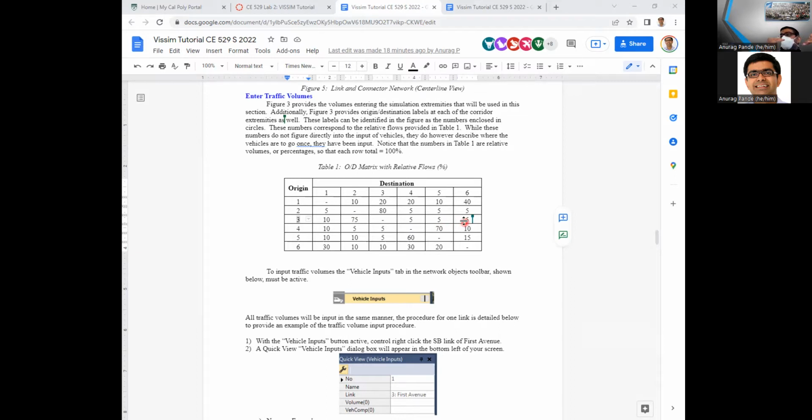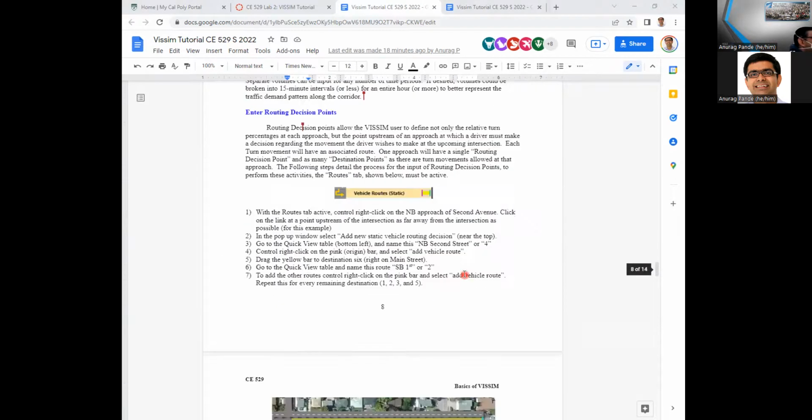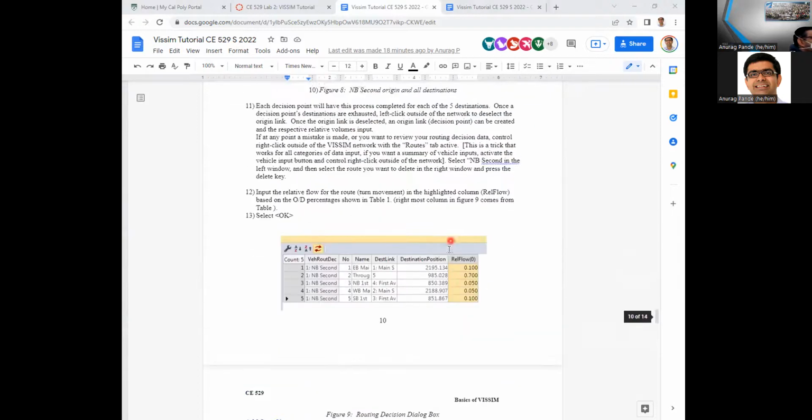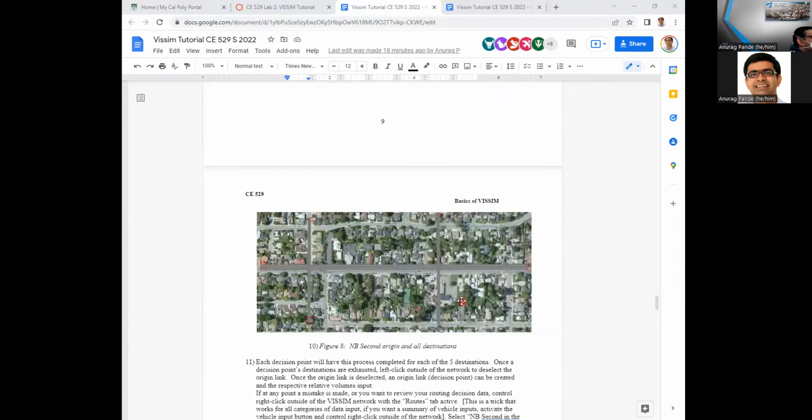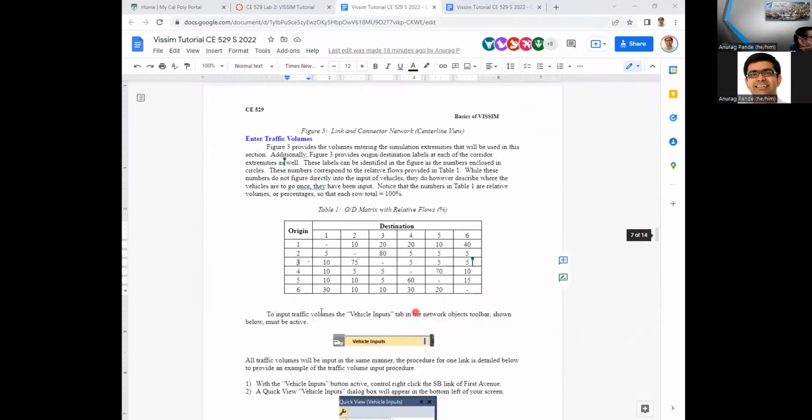All you have to do is maintain that ratio. It doesn't matter if your numbers look like this, as long as my end result is that I get that percentage of vehicles to zone 3, that percentage of vehicles to zone 2, and those percentages of vehicles to zones 4, 5, and 6.